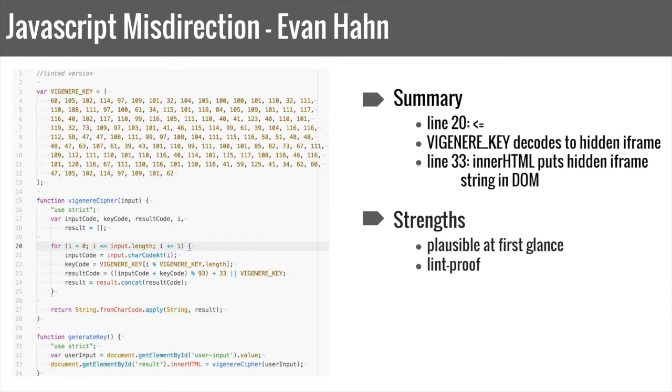Then if you decode that, you get this hidden iframe thing that again exfiltrates the key that's being generated. What I really like about this is it's plausible at first glance in a way that some of the other examples haven't been plausible. And it's also quite lint proof. So lint is not going to be sufficient for us to always detect underhanded code. It's a good tool, but it's not always sufficient.